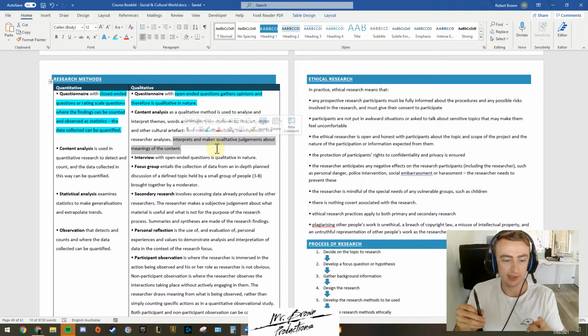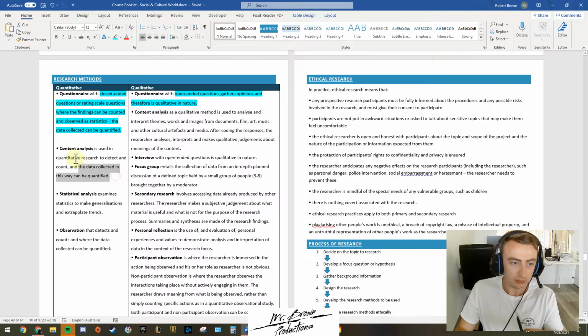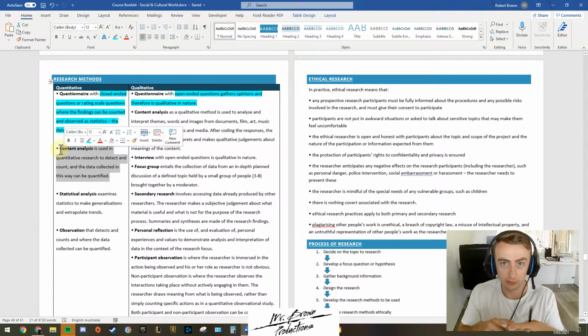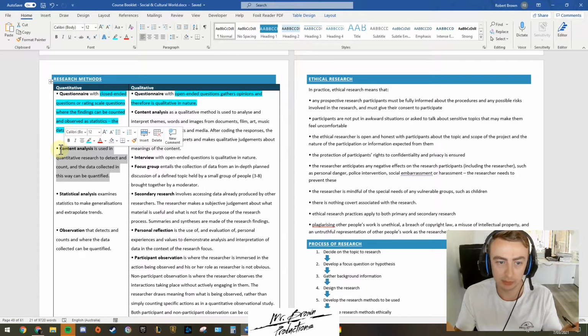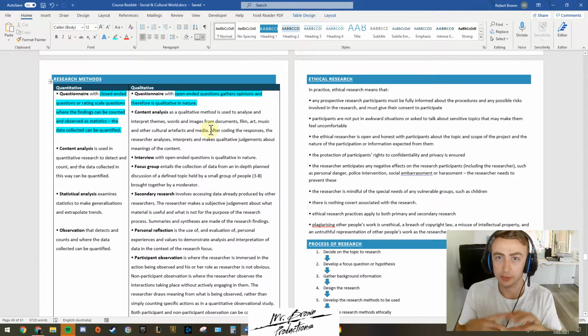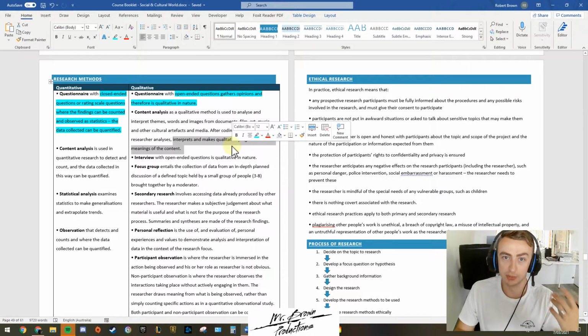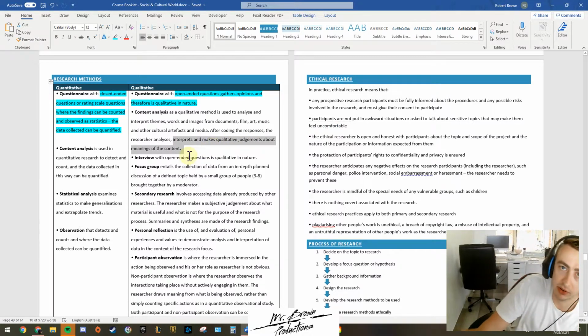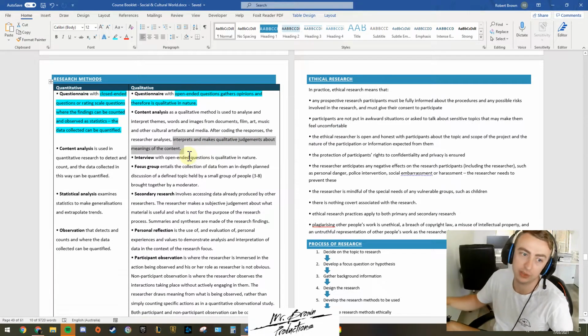So with the newspaper article, I've counted the amount of times, or the percentage, of provoking language they might have used about something. So I've got some quantitative numbers and data, and then I've also looked at what images they've used in that article, if they're trying to persuade me to think a certain way, and then I'll make a judgment about the meaning of that content. So that's where that one can be both qualitative and quantitative.